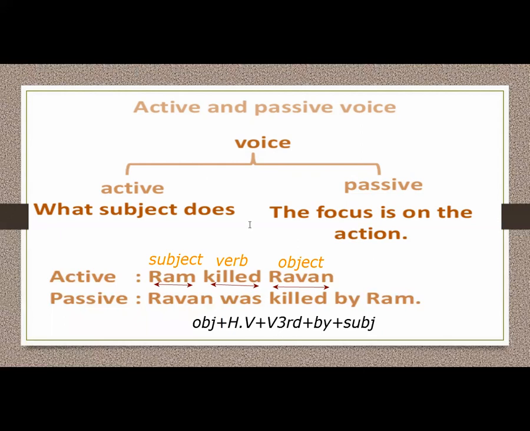Object plus helping verb plus verb, third form, plus by plus subject. Okay, this was the formula. Object is Ravan over here.